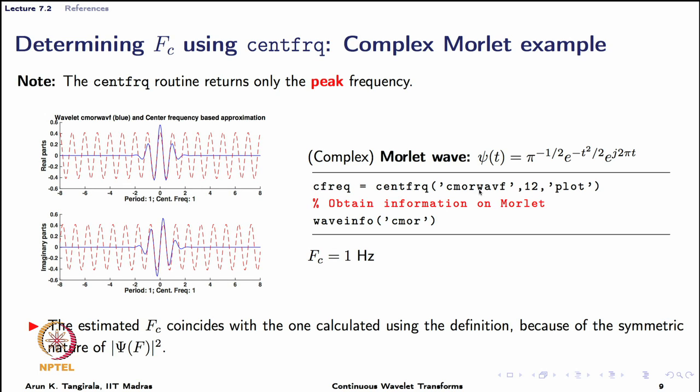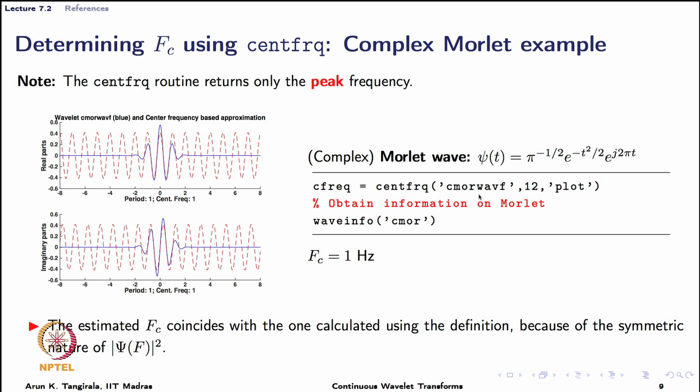In other words, what I am asking CENTFRQ to do here is compute the center frequency of the complex Morlet wave by first generating 2 power 12 points on an interval that is by default set in the CENTFRQ. That is something that you do not have a say on.